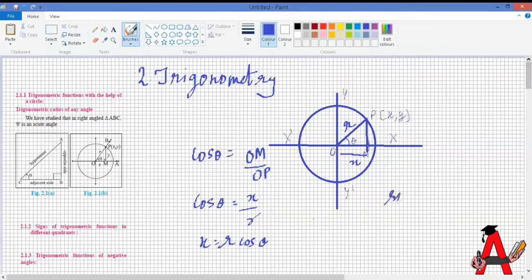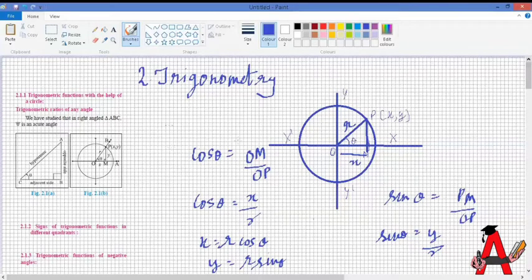Similarly, I can say that sin theta will be opposite upon hypotenuse, which is PM upon OP. PM will be your y coordinate, so sin theta is equal to y upon R, and hence y is equal to R sin theta. This means the x coordinate is always R cos theta and the y coordinate is R sin theta. These are the two things we should remember.